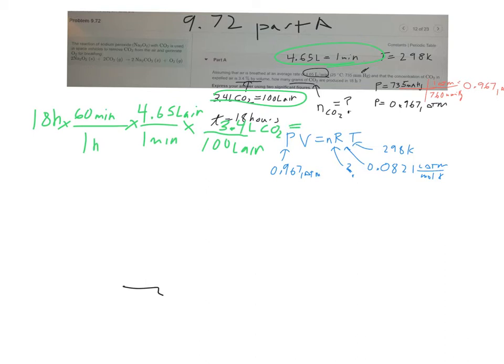So I've got 18 times 60 times 4.65 times 3.4 divided by 100. And that gives me 170.748 liters of carbon dioxide. All right, I just wrote my calculator number down here. They're being really stingy with their sig figs. There are really actually only 2 sig figs here.